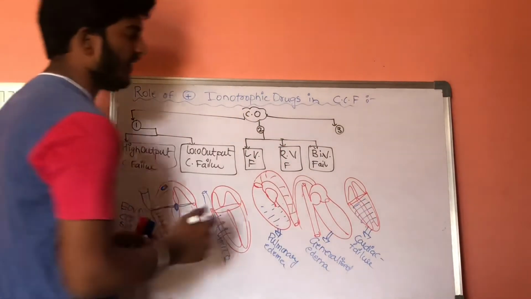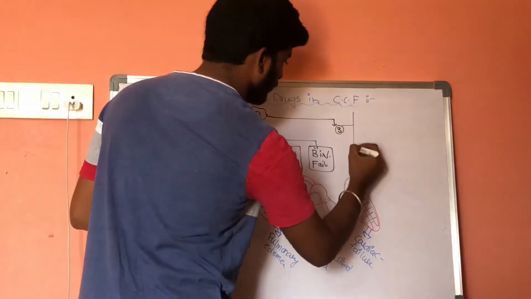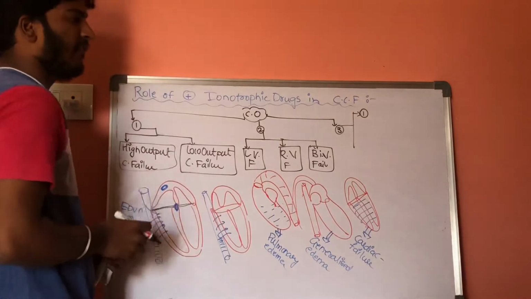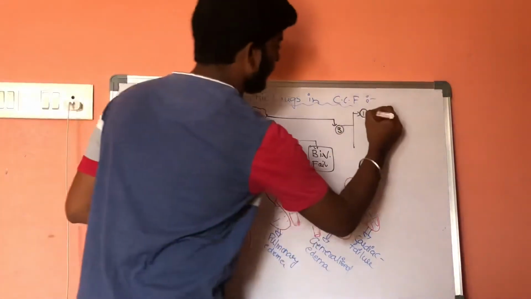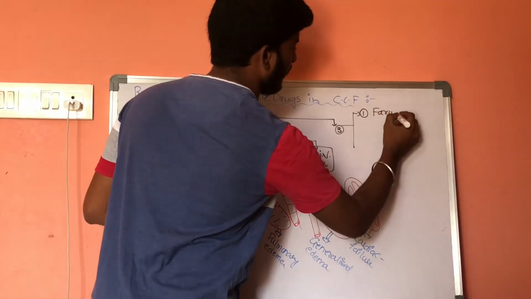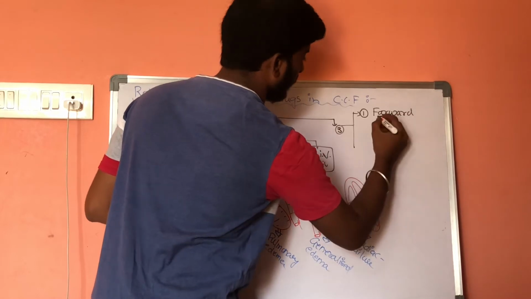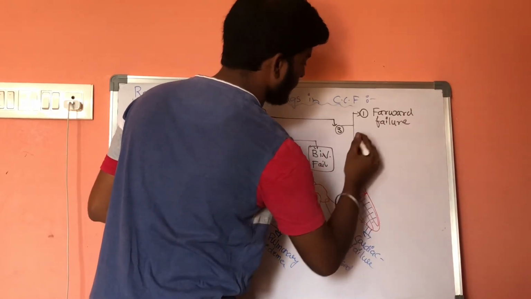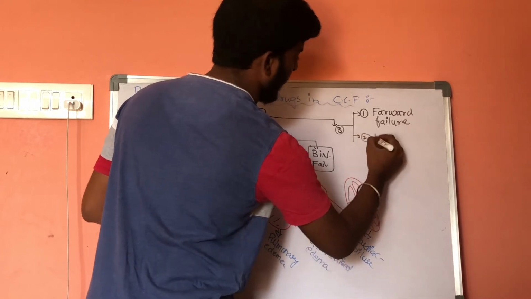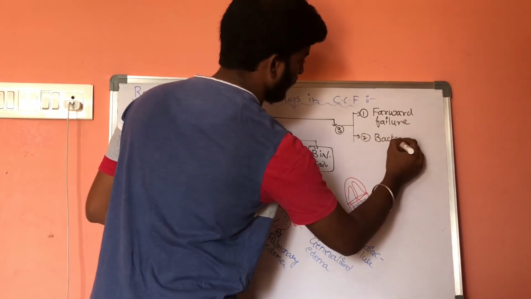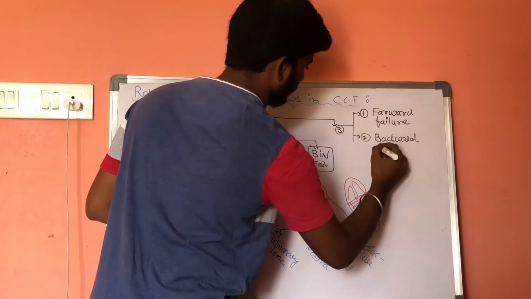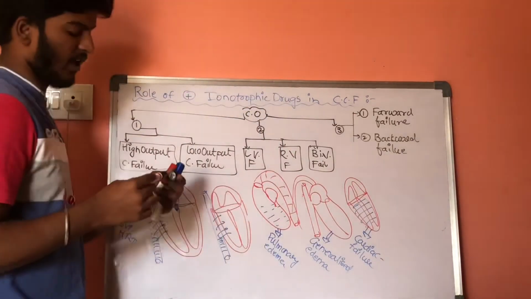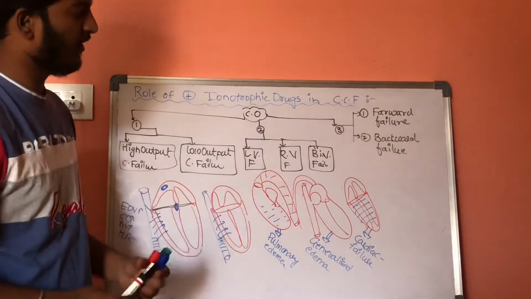in the third class, it is again classified into two forms. First one is forward failure, and second one is backward failure. What do forward failure and backward failure mean?